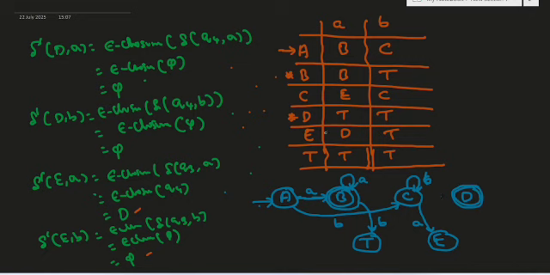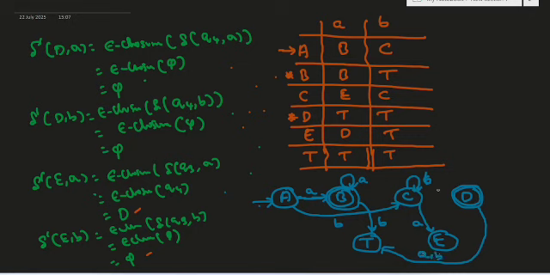Now, in D, when we apply A, it goes to D. Now for D, we will check it out. Either it is 0 or 1, it goes to the trap state, that is, A or B goes to the trap state.